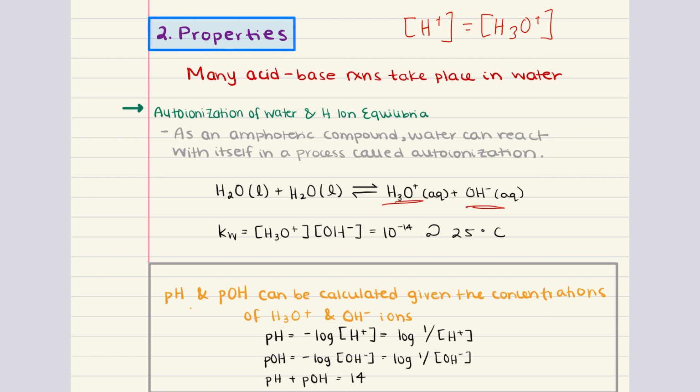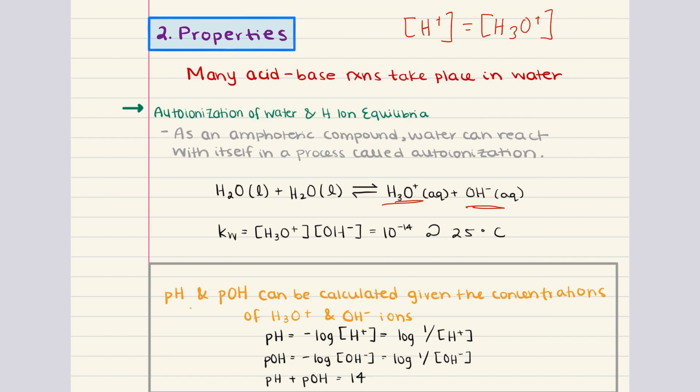This reaction is essential in understanding the acidic and basic properties of aqueous solutions. In this reaction, one water molecule donates a proton to another water molecule, forming hydronium ion and hydroxide ion.